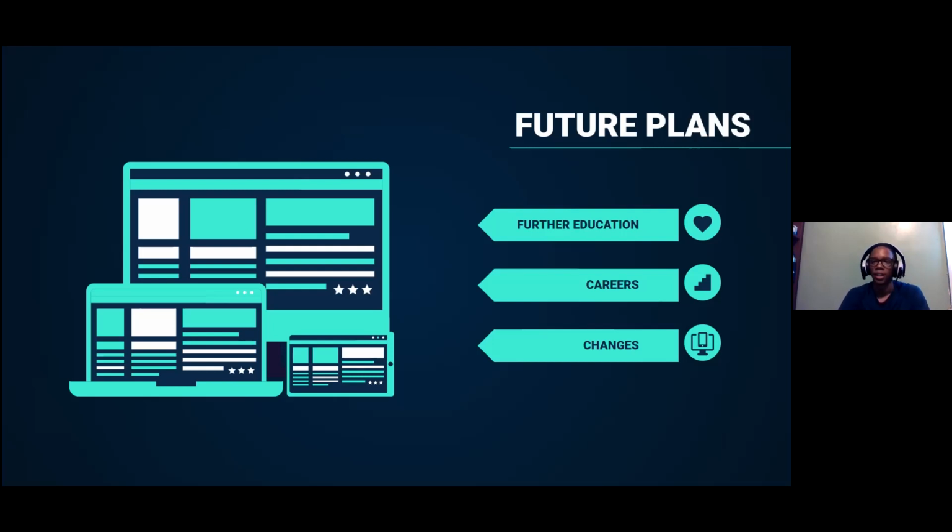And interning at Indico has shown me the vast amount of jobs and the vast amount of things software development can lead to. In the future, I plan on obtaining a bachelor's degree in computer science and then finding employment as a software developer. My participation in the Indico internship will be a valuable experience for both my college classes and for my future career in the software development field.